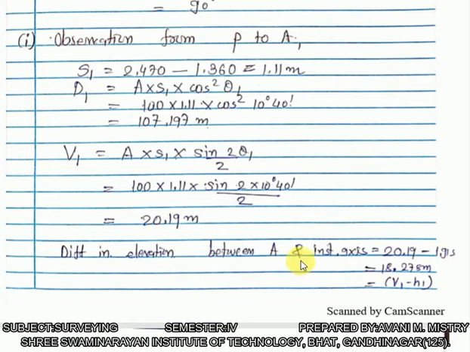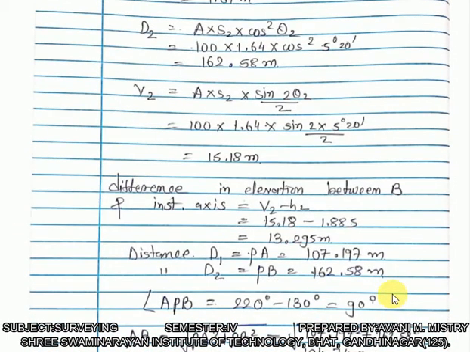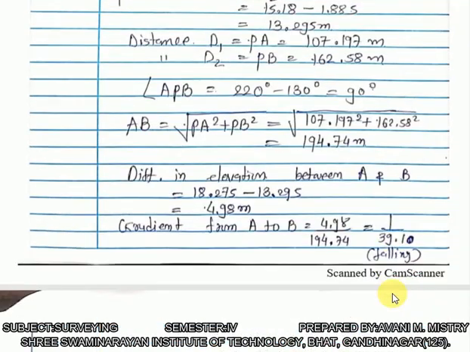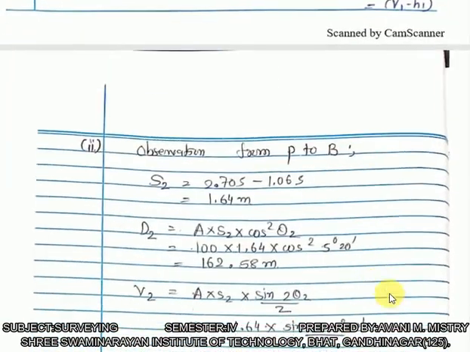Difference in elevation between A and the instrument axis, that means central hair reading, that means the elevation of A is equal to 20.19 minus the instrument axis 1.915, that means 18.275, that is V1 minus H1.